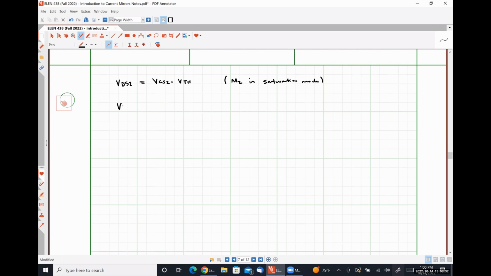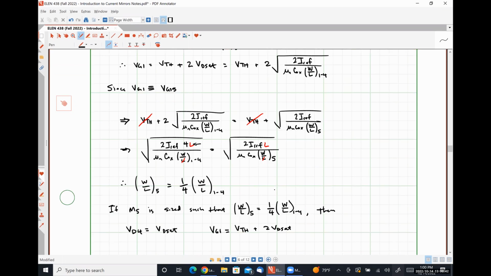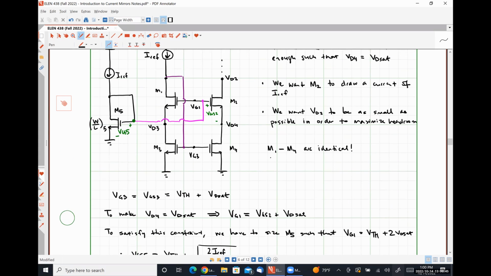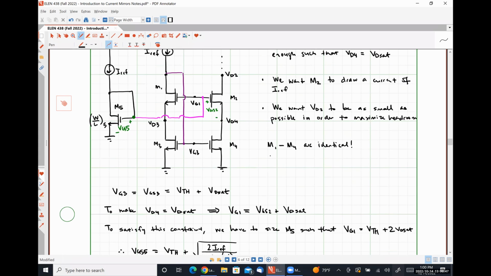So we will have VD2 minus VD4 is equal to VGS2 minus VTH. Well, let's look at VGS2. So VGS2 is VG1 minus VD4.